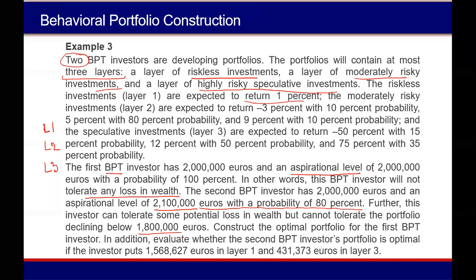That means his 2 million portfolio can go below 2 million, but it cannot go below 1.8 million euros. So at least 1.8 million euros need to be maintained in his portfolio. That means he has no tolerance for loss beyond this point. Okay. Then construct the optimal portfolio for the first BPT investor.